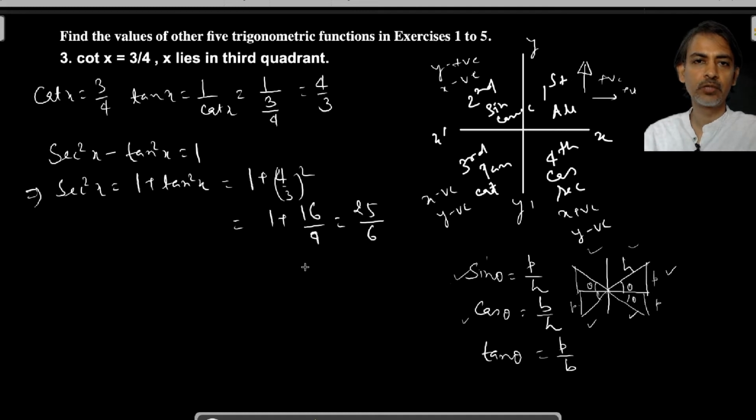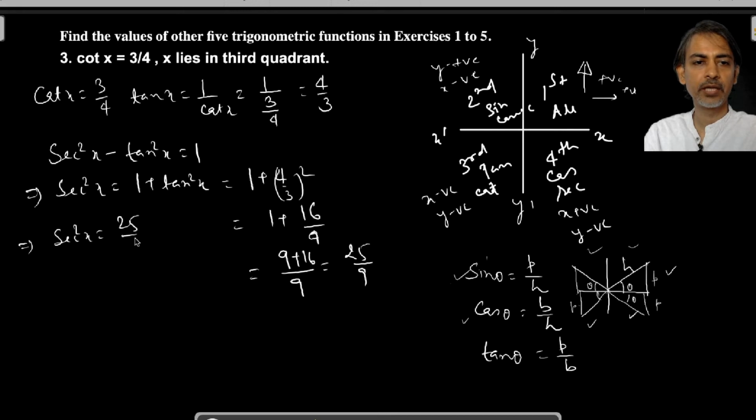Or let me do it one more step. Let's not skip any step here. So if this is my 9, then 9 will be the LCM, and 9 plus 16 would be 25 by 9. So this implies sec square x equals 25 by 9. This implies sec x is the square root of 25 by 9, which is plus and minus 5 by 3.